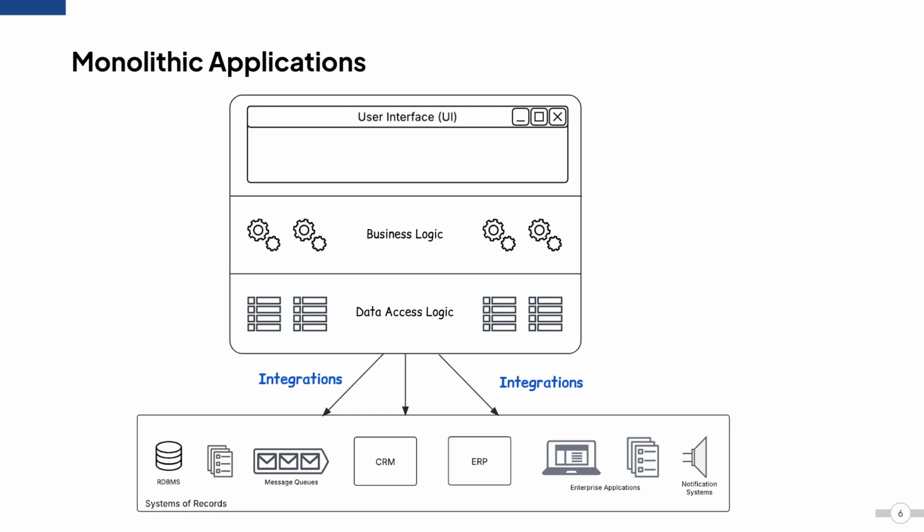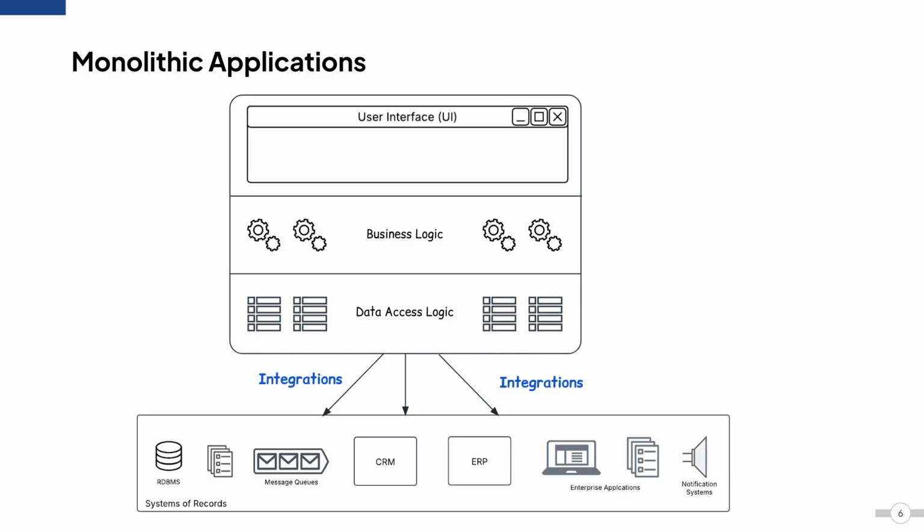And even though I have shown this as a layered architecture in a monolithic application, all of these components, the user interface, business logic, and data access logic, are all bundled together as one deployable artifact, such as an executable file or a library or some sort of a deployable web archive kind of file.